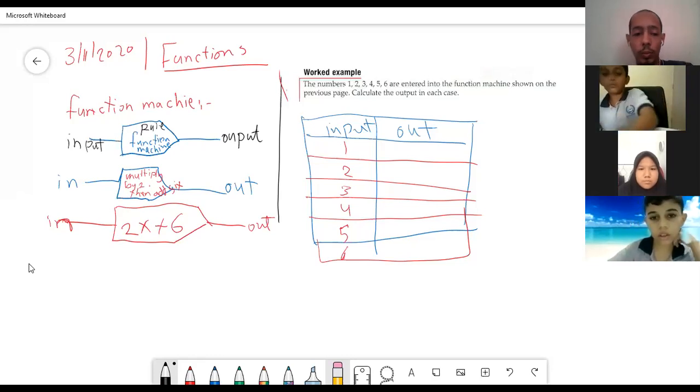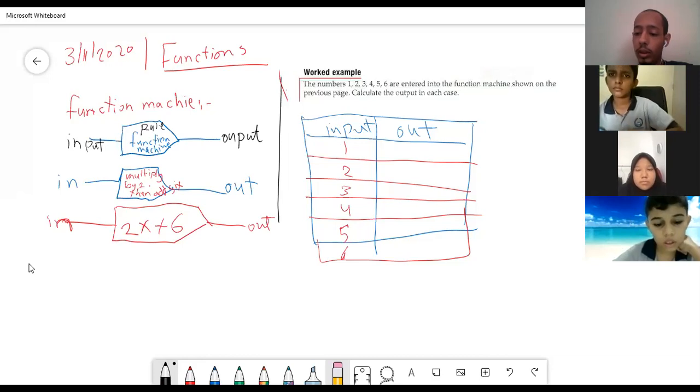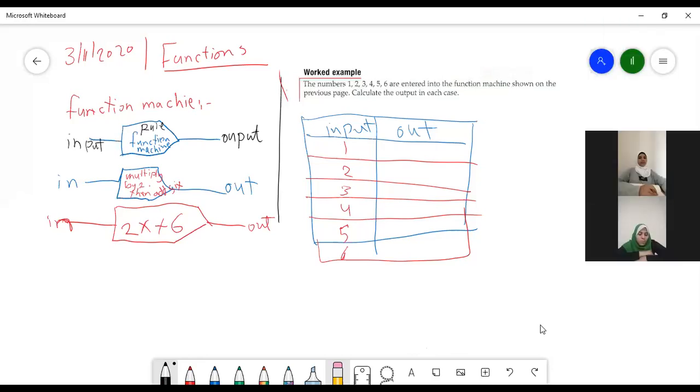Do you know how to replace x with 1? Abdurrahman, no? Okay, Ethar, what is going to be the output if the input is 1?